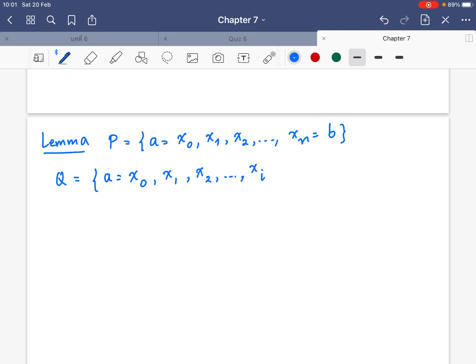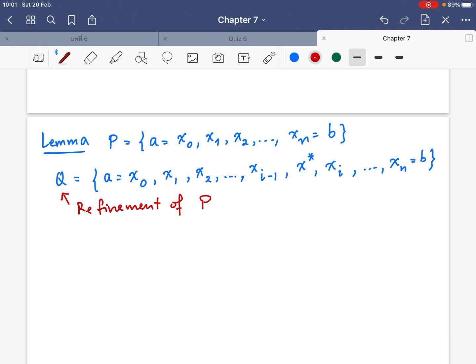However, between x(i-1) and xi, you insert one more point there, one more partition point between these subintervals. We call this one a refinement of the partition P.